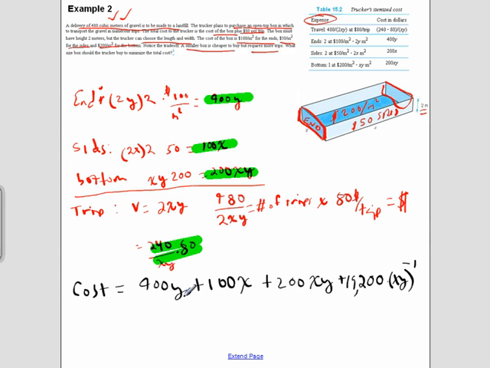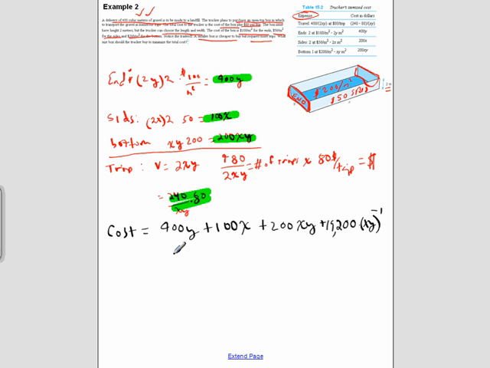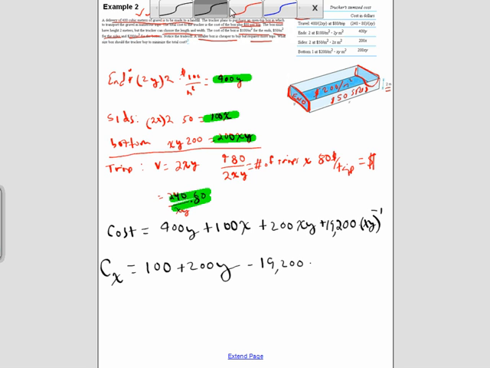Okay, so now since that is our cost function and we want to minimize this, we're going to find the derivative. So the partial derivative with respect to x, we have 100 plus 200y minus 19,200 divided by yx squared.